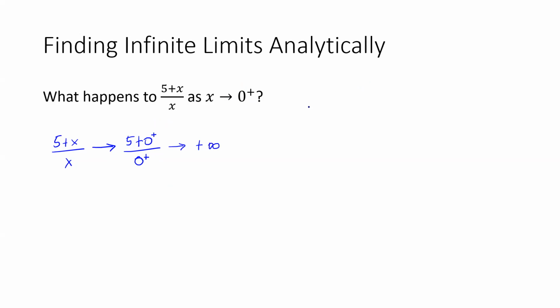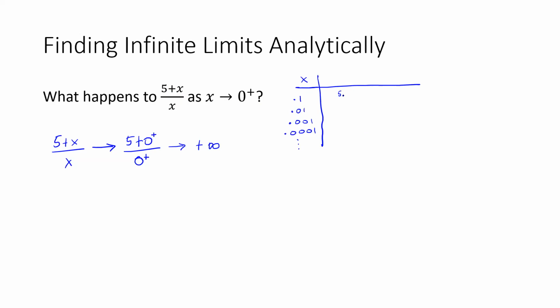One way you can visualize this is you can think about, okay, what happens if I were to just make my table of values and take values that get closer and closer to 0 from the right side? Well, you got something that's going to get closer and closer to 5 in the top, right?